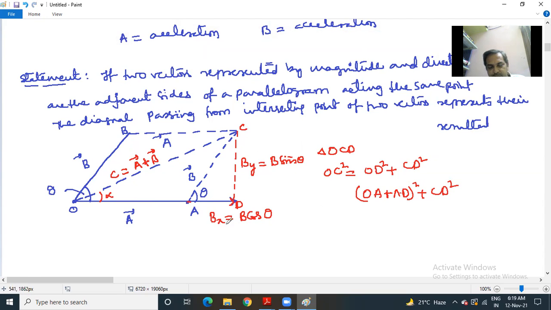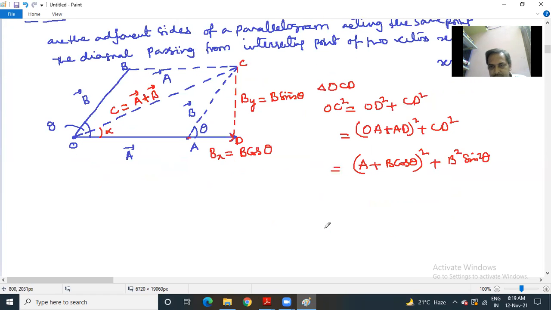Now what is AD? AD is the magnitude of Bx, and OA is the magnitude of vector A. So AD can be replaced with B cos theta, whole square. CD can also be represented by By, so CD square means B square sin square theta. If you expand this, you will get A square plus B square cos square theta plus 2AB cos theta, plus B square sin square theta.